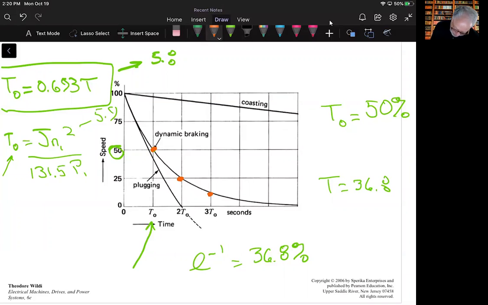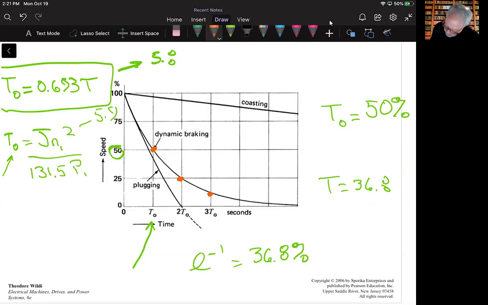J is the moment of inertia of the rotating parts referred to the motor shaft, a number we would be given. N sub 1 is the initial speed of the motor when the braking starts, in RPMs.